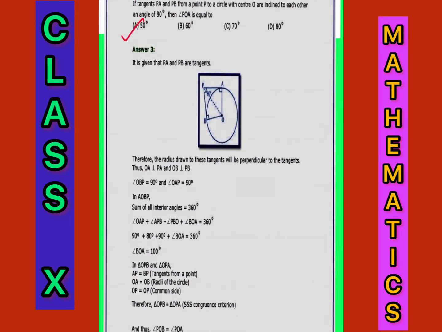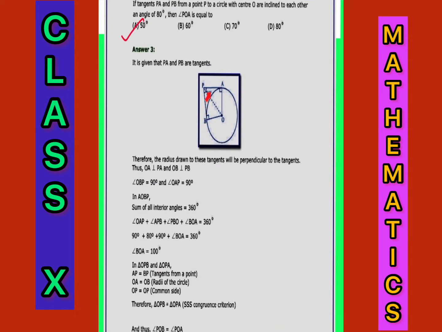You know this is a quadrilateral, and if we join P to O, then we will get a right-angled triangle PAO, and in this triangle the tangent is already perpendicular to the radius, so this angle is 90 degrees, and this is the angle bisector of angle APB.